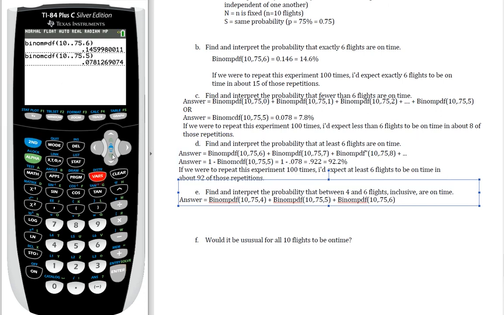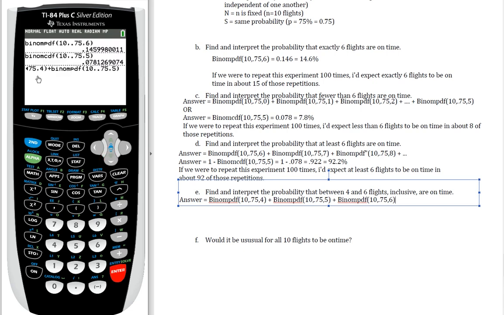So I would go to the calculator and get Binomcdf with 10 trials, 0.75, and 4. Paste that, and then add that to the next one. So I do all 3 of these at once. I already did 4, I then do 5.